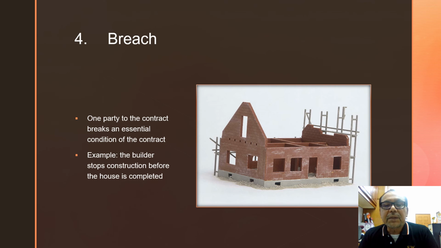Let's say they have to complete it in 18 months. Suddenly halfway he stopped the construction. So that means he breached. He didn't complete the house within the 18 months. He stopped halfway and ran away. So when you breach the condition that you were supposed to complete the house in 18 months and you didn't, the contract also comes to an end.